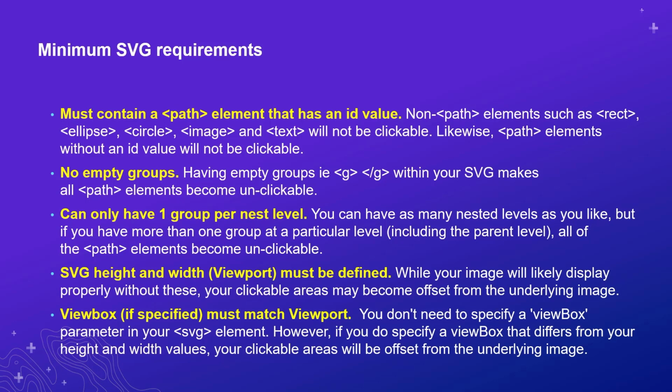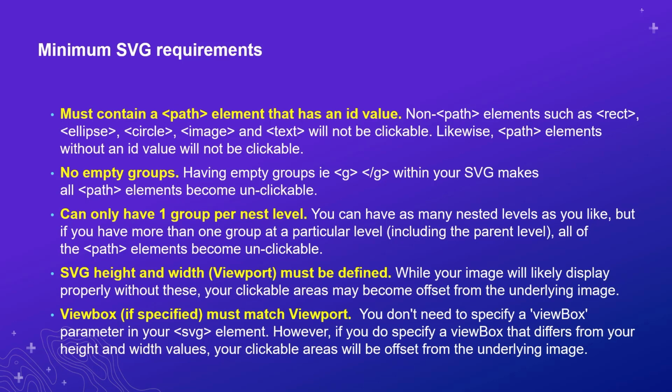Having empty groups, which is designated by the G tags with nothing inside them, will make all path elements become unclickable. You can only have one group per nest level. You can have as many nested levels as you like, but if you have more than one group at a particular level, including the parent level, all of the path elements become unclickable in Survey123.